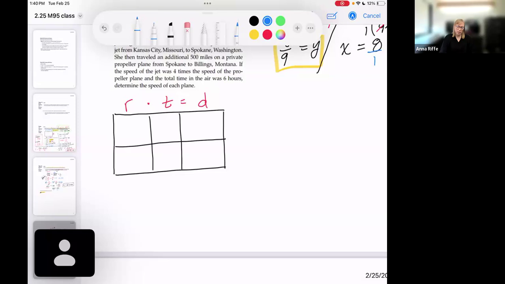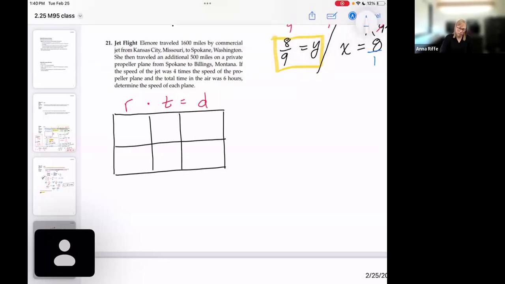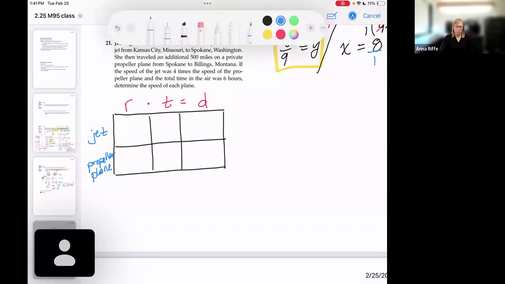Maybe I'll make that top row the information for traveling on the jet from Kansas City to Spokane, and the last row the propeller plane information. That'll help keep it organized.